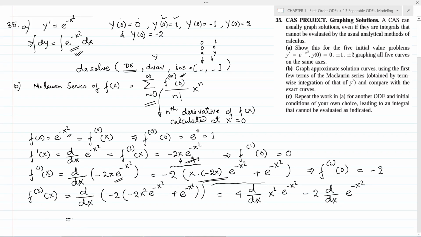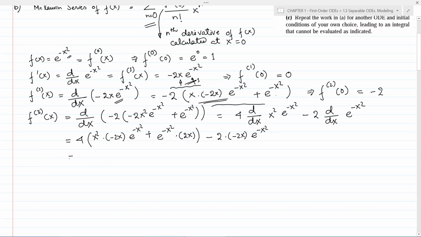We can differentiate it and we can write 4 multiplied by product rule of differentiation, which is x square multiplied by minus 2x multiplied by e to the power minus x square plus e to the power minus x square multiplied by 2x, minus 2 multiplied by minus 2x multiplied by e to the power minus x square, which we can simplify and write minus 8 x cube e to the power minus x square plus 8 x e to the power minus x square plus 4 x e to the power minus x square.